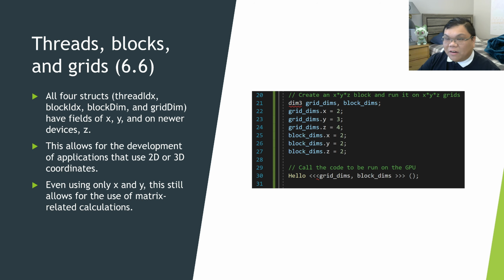This is great for developing applications that use 2D or 3D coordinates. But at this point, since we're at a beginning stage, it sounds intimidating. So that's why we're going to be focusing on just the x dimension here. But it can be done.